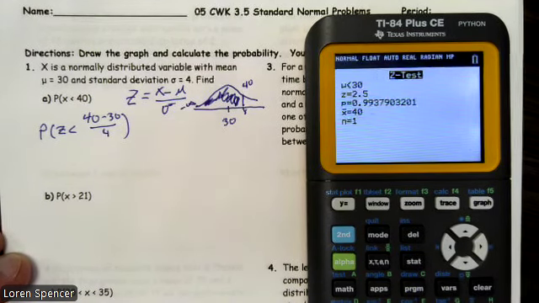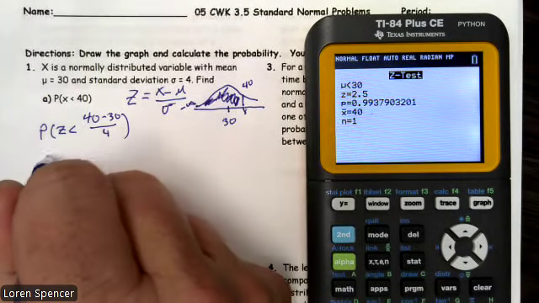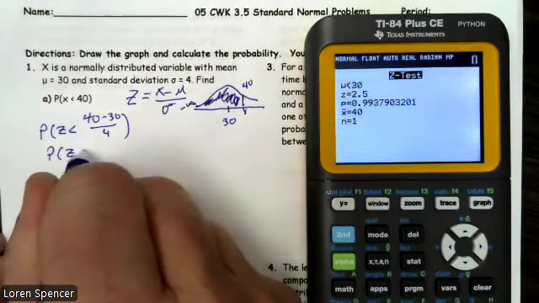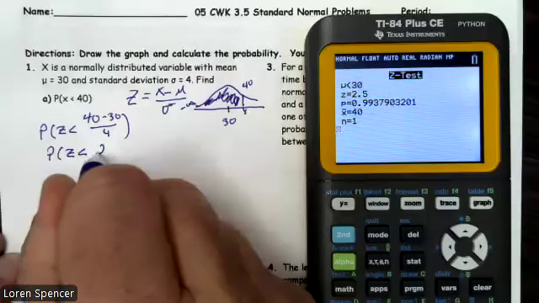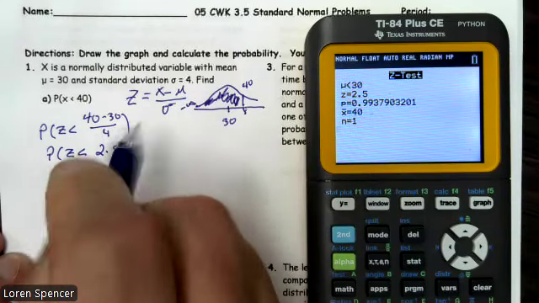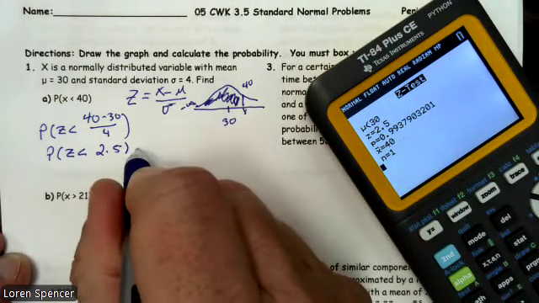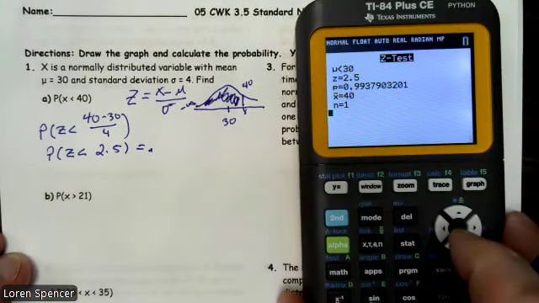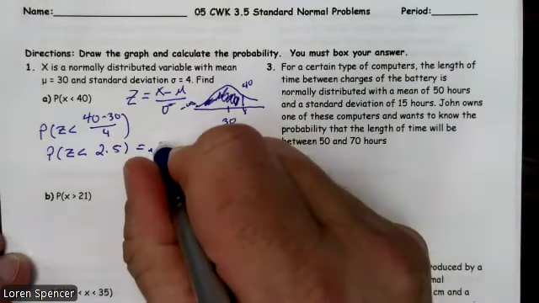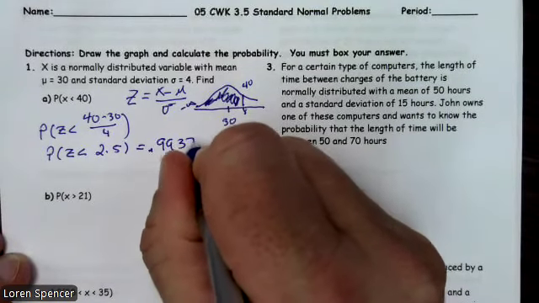I'm going to press calculate. And I have the probability that z is less than 2.5 standard deviations. So my z-score is up there at 2.5, equals 0.9937 or 9938. I'm going to truncate to 0.9937.